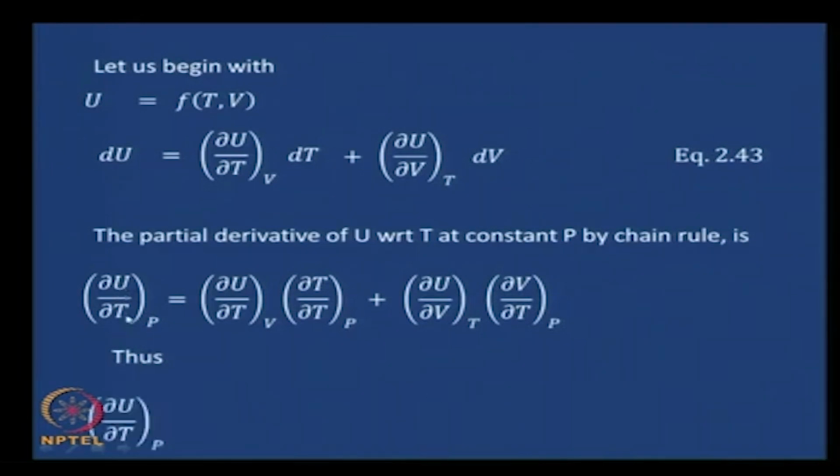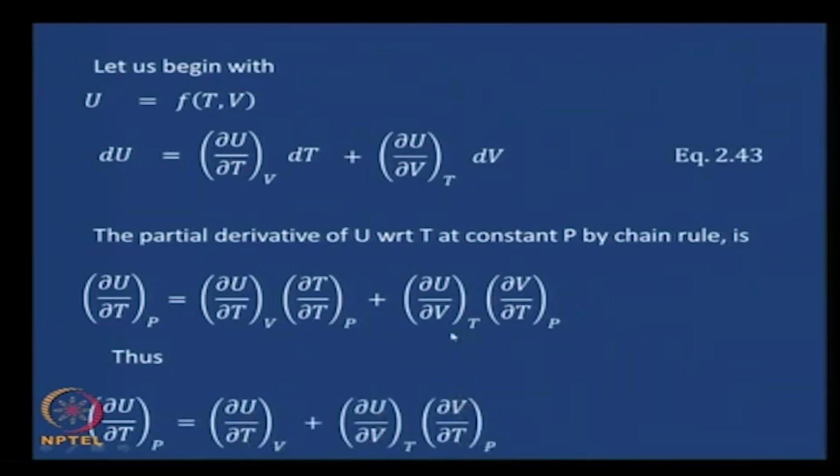Therefore, dou u dou t at constant p equals dou u dou t at constant v plus dou u dou v at constant t, dou v dou t at constant p. This is equation 244. And now we have the variation of u with temperature at constant pressure, which is what we need, starting with data that gave us u as a variation with temperature at constant volume.